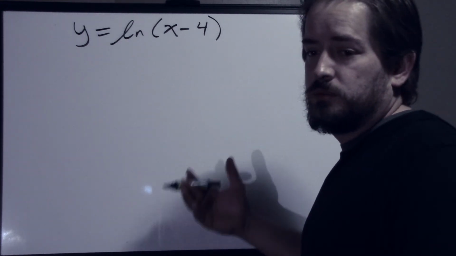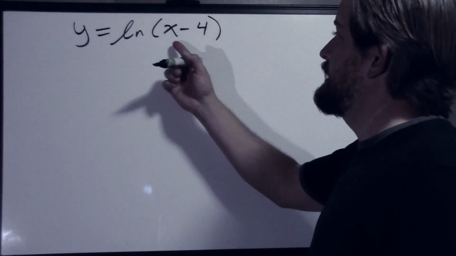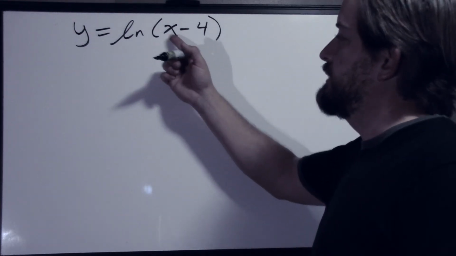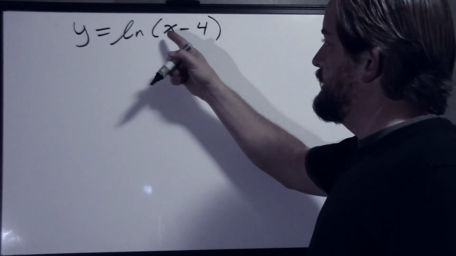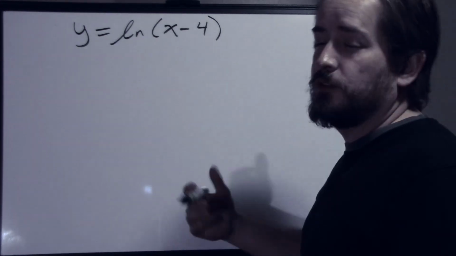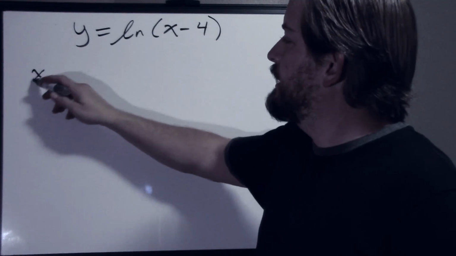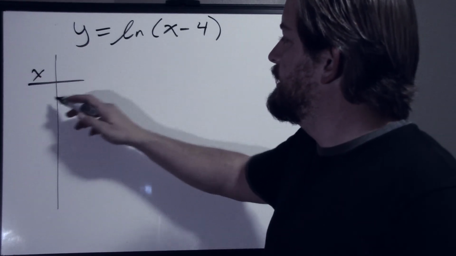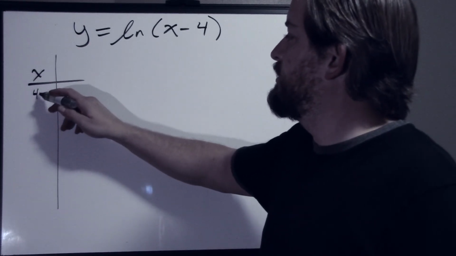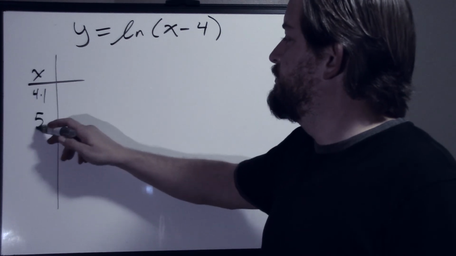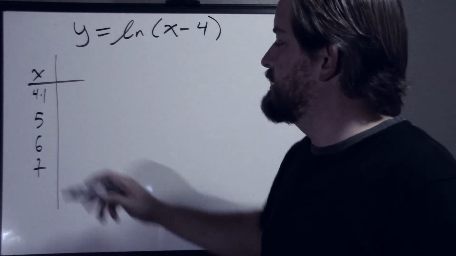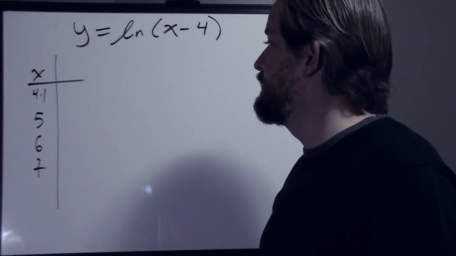Let x equal, well, it can't be anything less than 4. Because if it is, you're subtracting 4 and you get a negative number and it won't work. So I could plug in, say, x is equal to, if I wanted to, maybe 4.1, 5, 6, 7, some of these values, right?